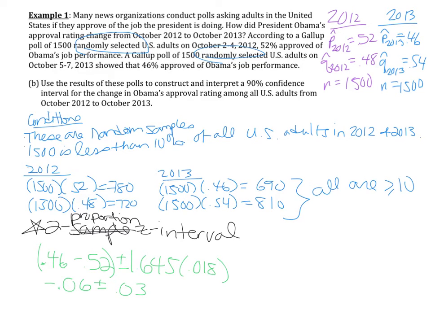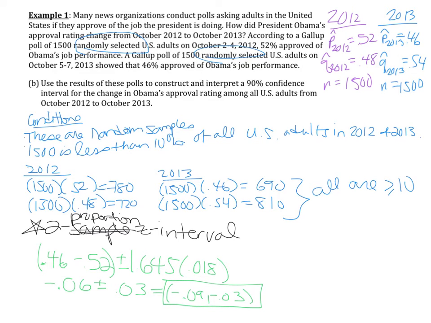It's important to notice that you do get a negative. That means that his improvement level actually went down between 2012 and 2013. So my final answer for this is negative 0.09 to negative 0.03. That is my confidence interval.